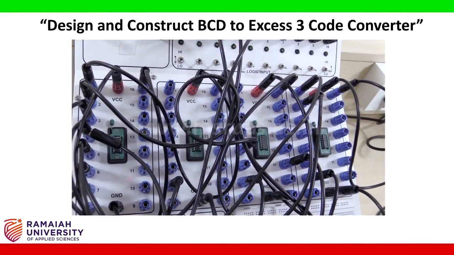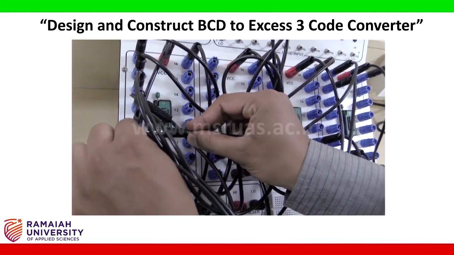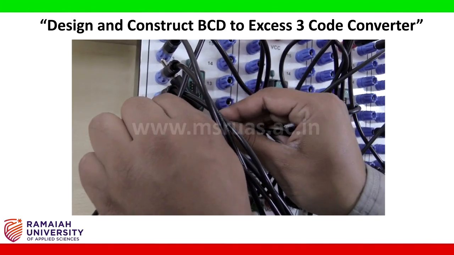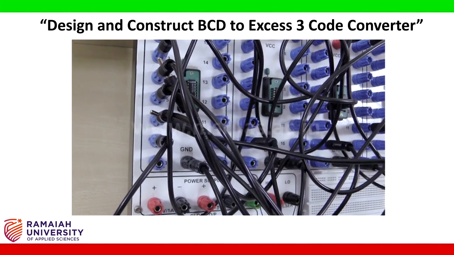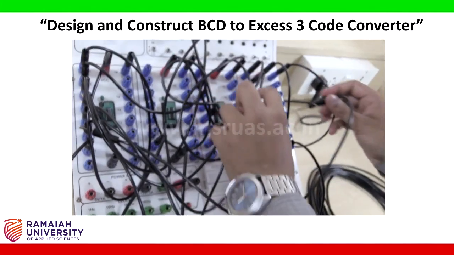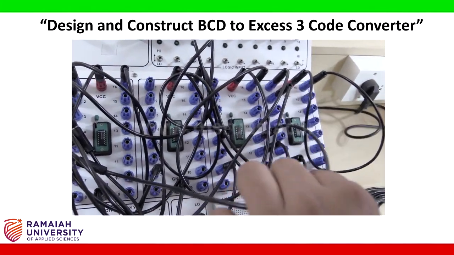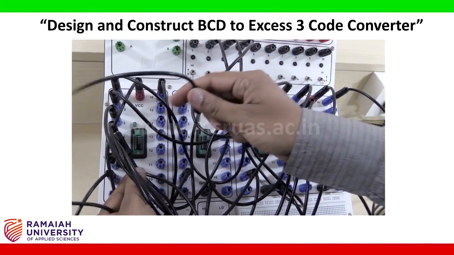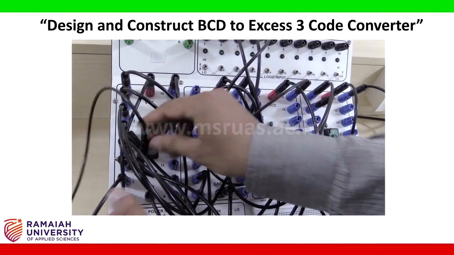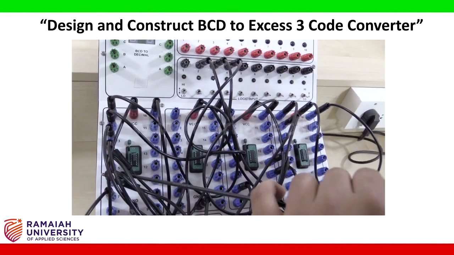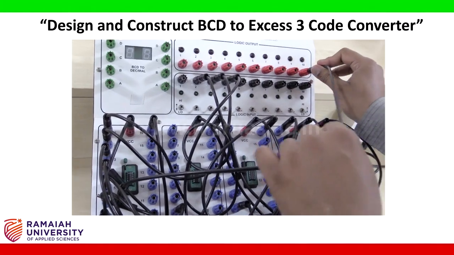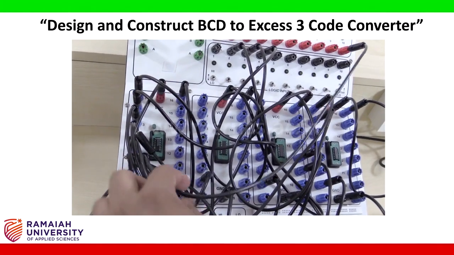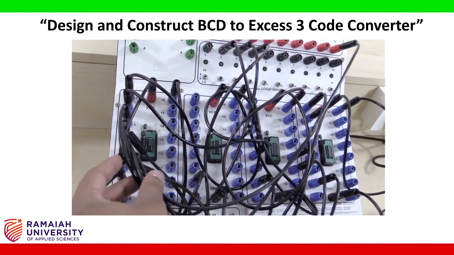Pin number 6 of the NOT gate is also connected to pin number 10 of the AND gate, and the same pin number 6 is also connected as output directly, that is Z output. There are 4 outputs, W, X, Y, Z. So I have connected one output here. So this completes all the connections regarding the NOT gate.